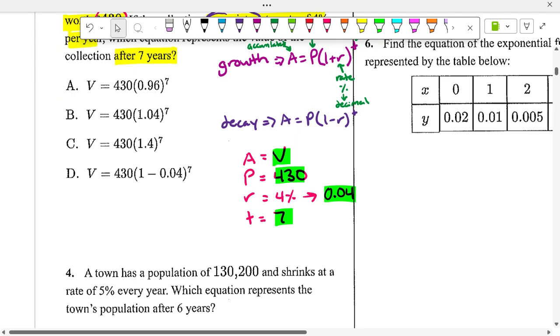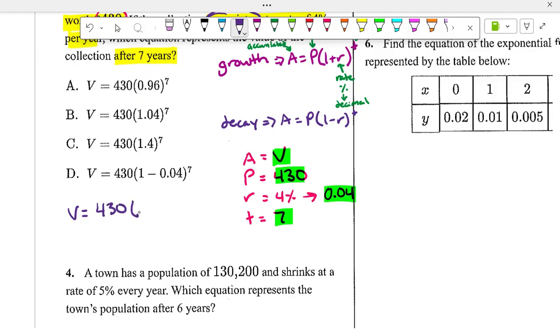So I'm just going to plug in my equation verbatim. So I have V is equal to 430, which is my P, times 1 plus 0.04 raised to the 7th power. So that's the equation. I haven't done any simplifying yet. But really the only simplifying you need to do in this case is just add those together.